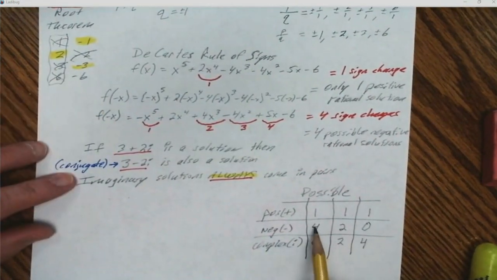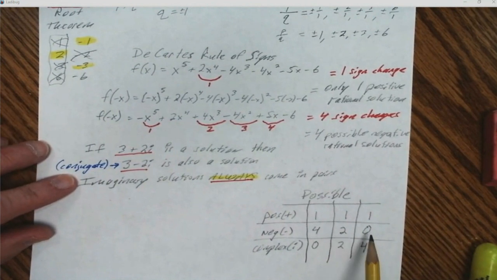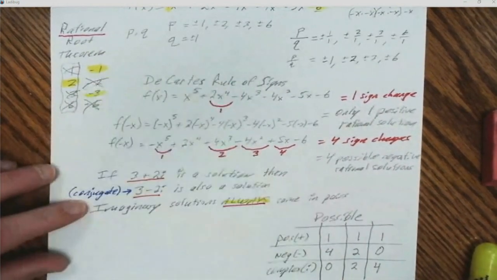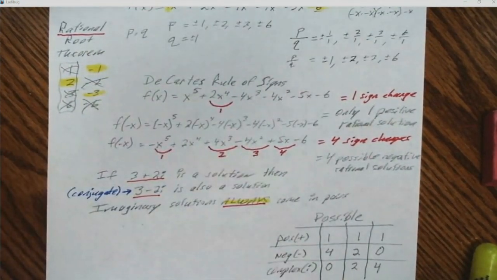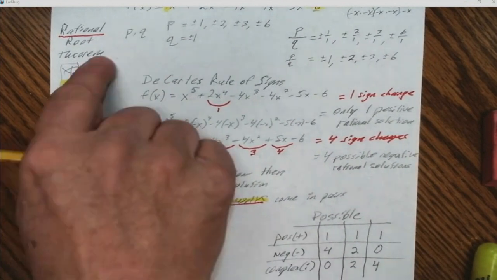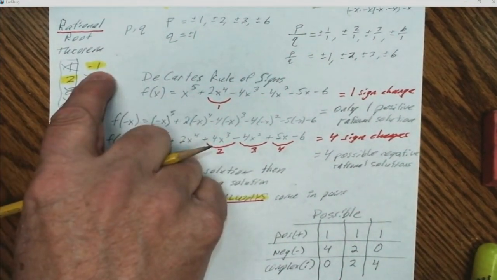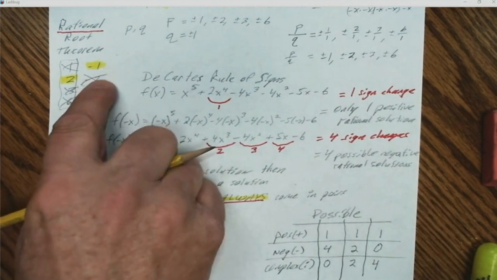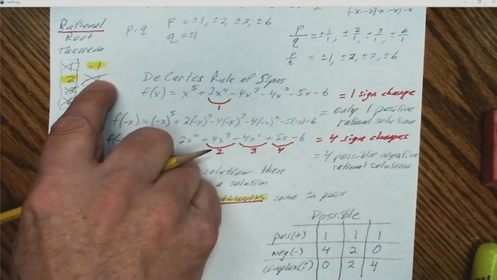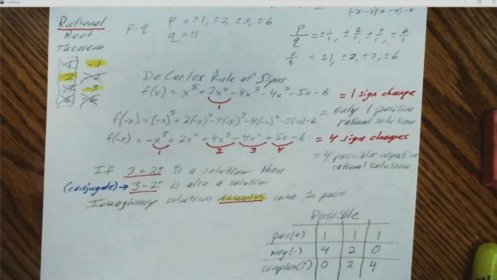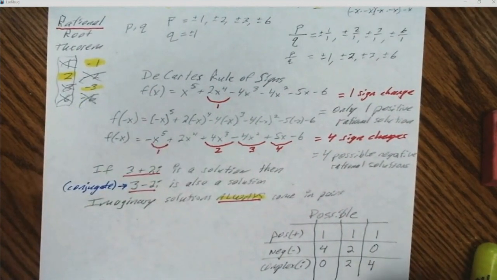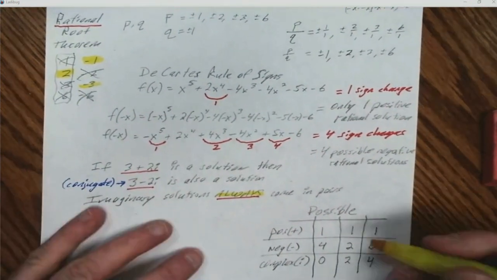There's either 4, there's 2, or there's none. We don't have to check -6 because there's no way it can be a solution, because Descartes' rule of signs says there's either 4, 2, or 0. Since we found 2, we found 1. We knew there had to be at least one more, but maybe all 3. But when that one got crossed out, that means one of these had to be 1, because that means there's 2. So this is what we ended up with.